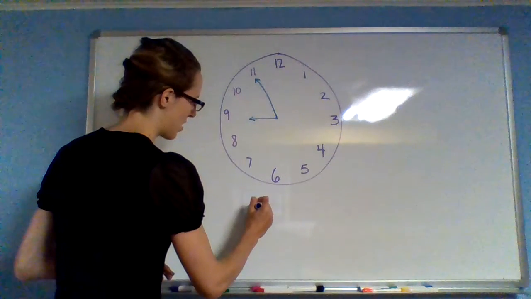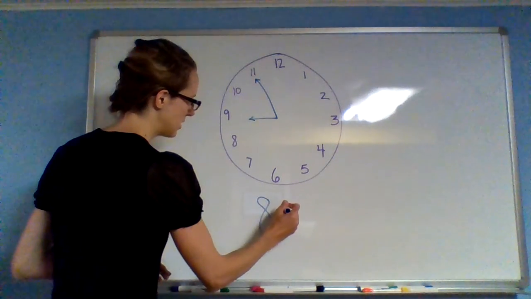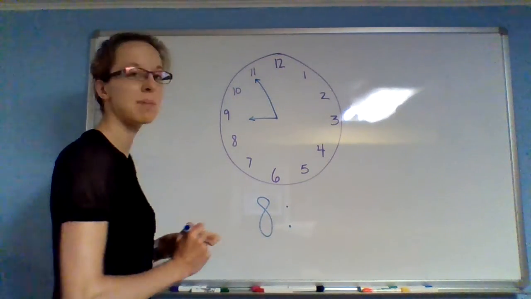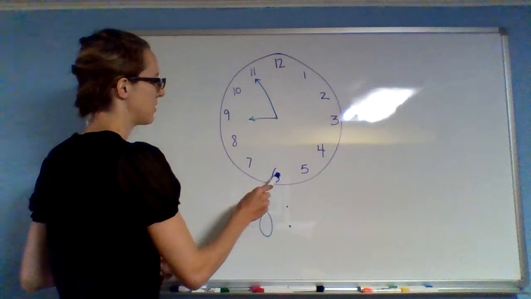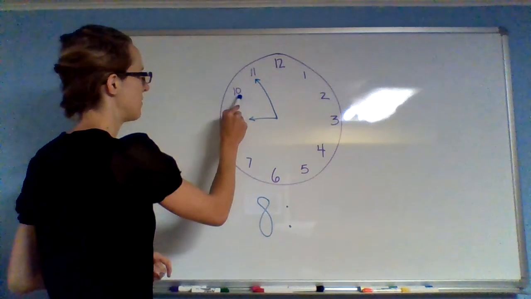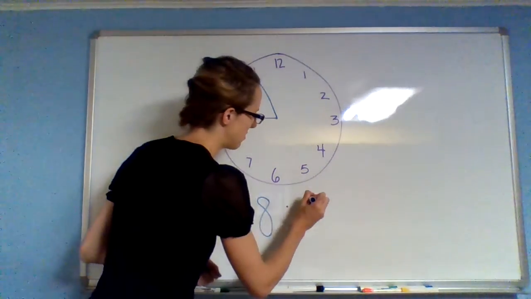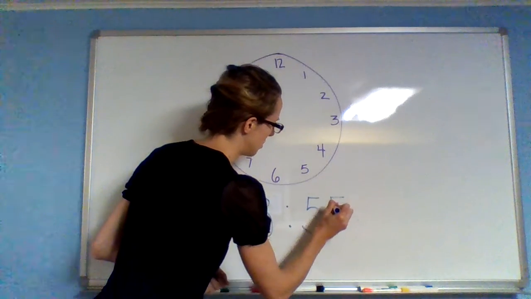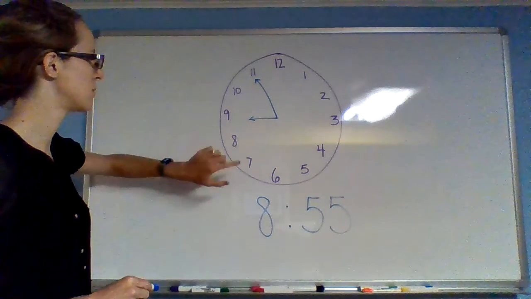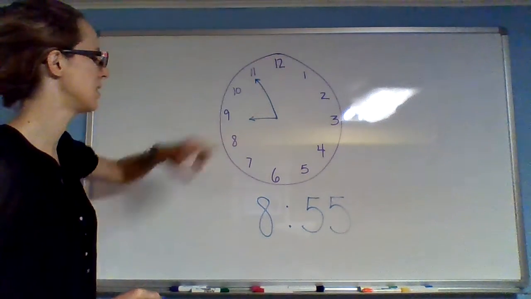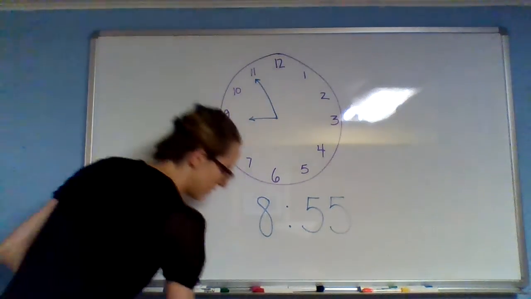So our starting hours are 8. And then we skip count by fives for the minutes. 5, 10, 15, 20, 25, 30, 35, 40, 45, 50, 55 minutes. The time when the little hand's between the 8 and the 9 and the big hand's at the 11 is 8:55.